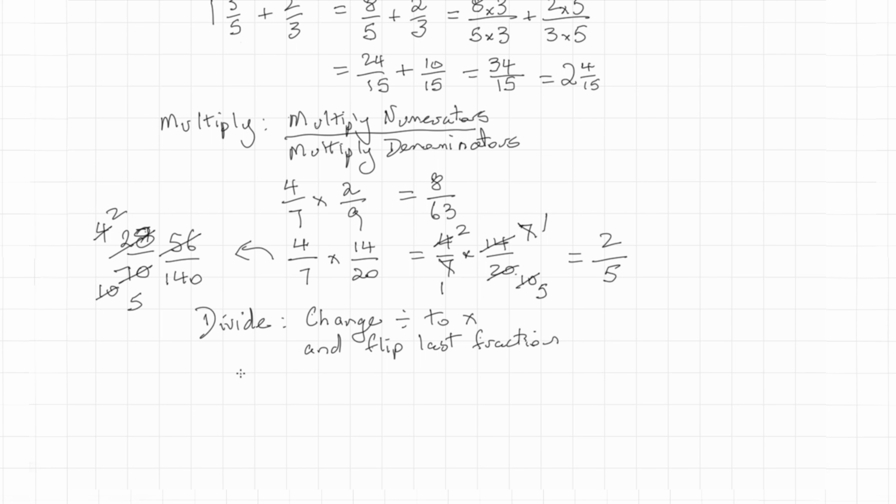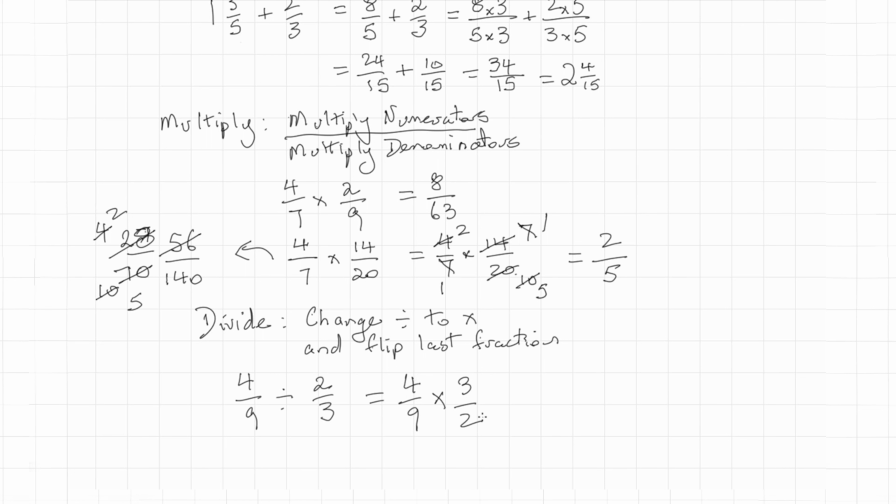Okay, so if we've got 4 on 9 divided by 2 over 3. Change the divide to a times, so we write the first fraction down as it is. Change the divide to a multiply, and then flip the last fraction. So this is the last fraction, well, it's the fraction after the divide, so we flip these two. 3 over 2.